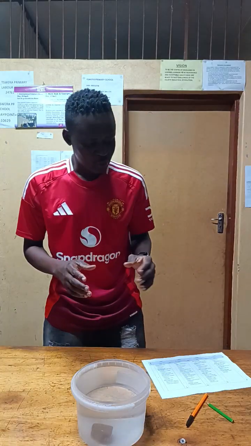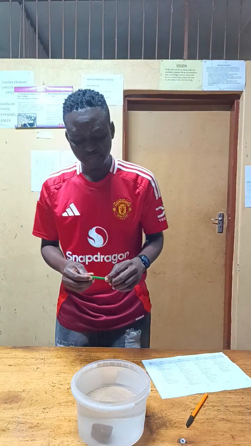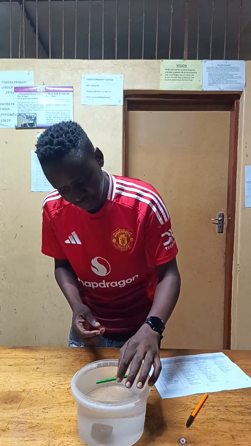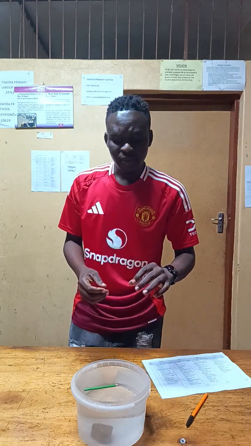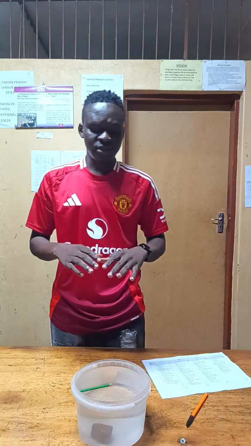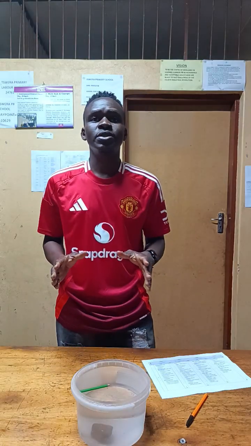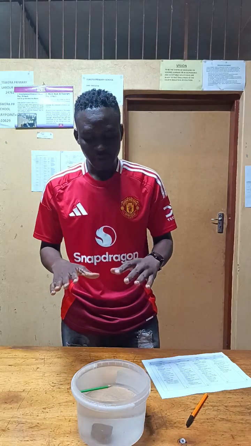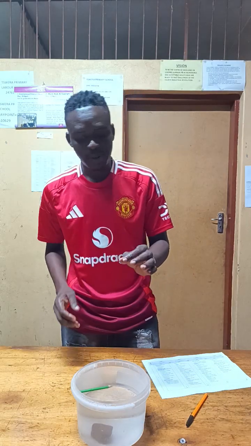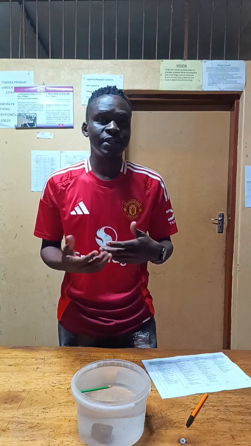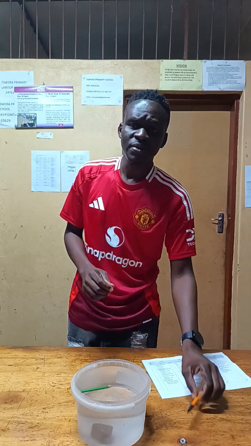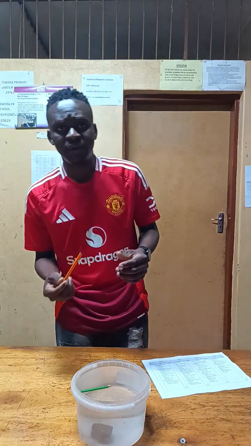From now we'll move on to the pencil. We'll place the pencil into the water. As we place it into the water, we'll see that it's floating on the what? On the water. Now this means that the pencil is less dense than water. Then now we'll move on to the last one, a pen.